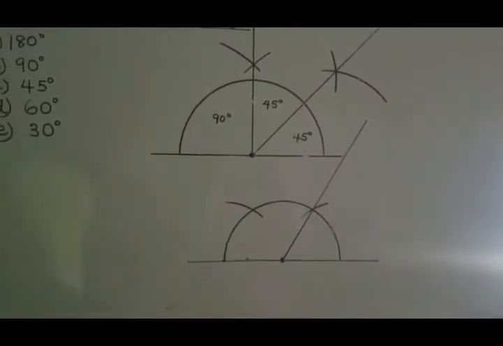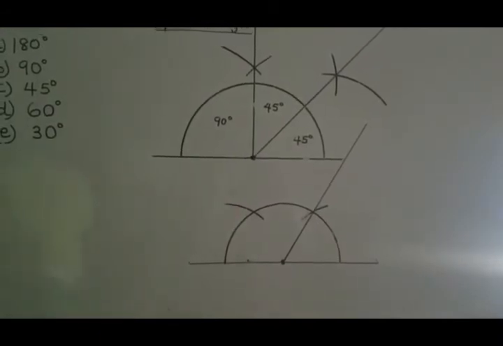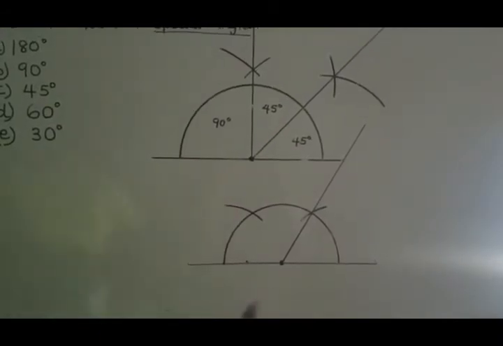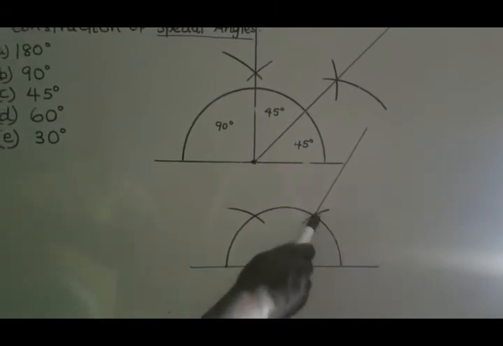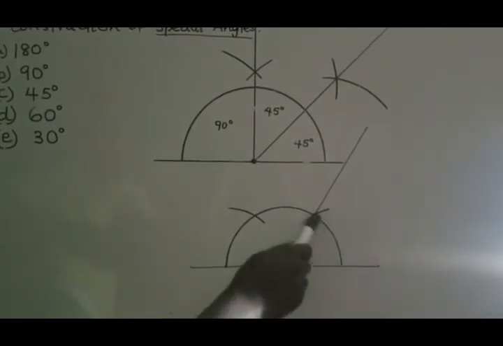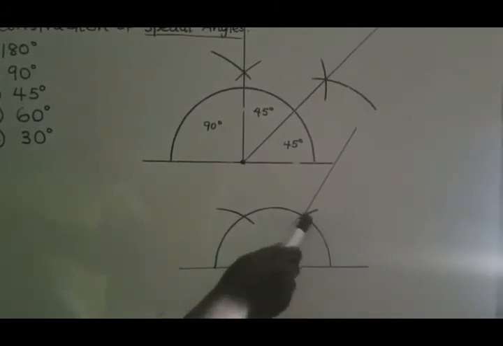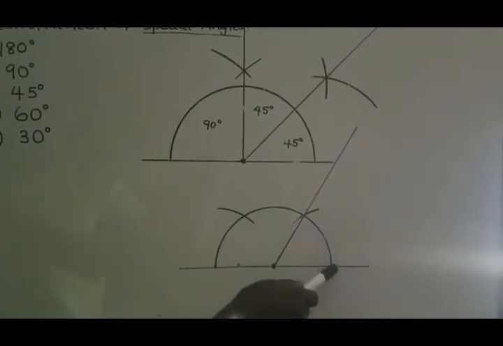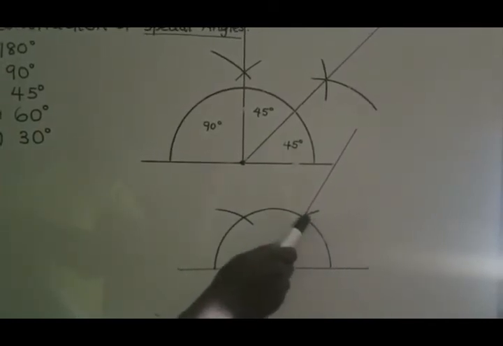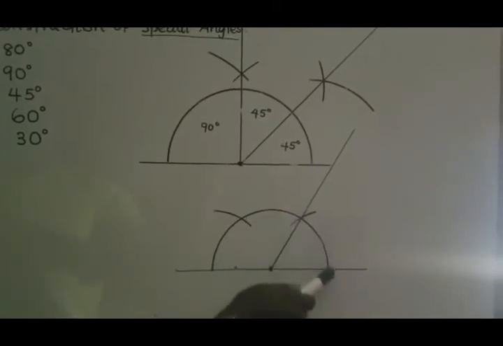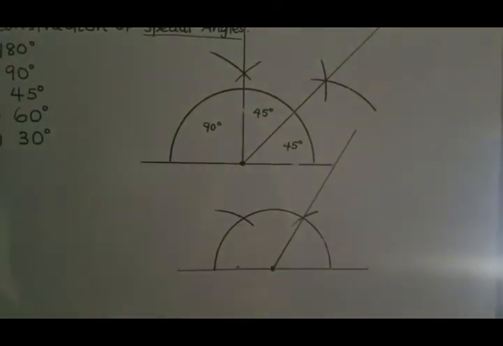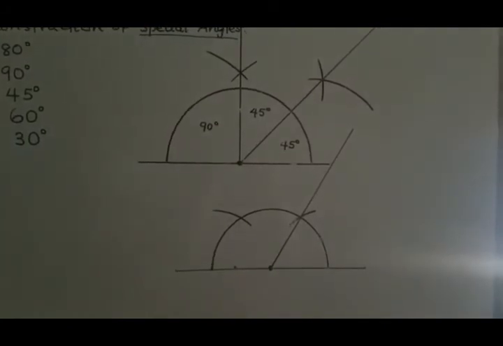So if we want an angle of 30 degrees, we are going to use these 2 points. From here to here is 60. So to get 30, we are going to use these 2 points. So let's get our compasses and use the 2 points to get 30 degrees.